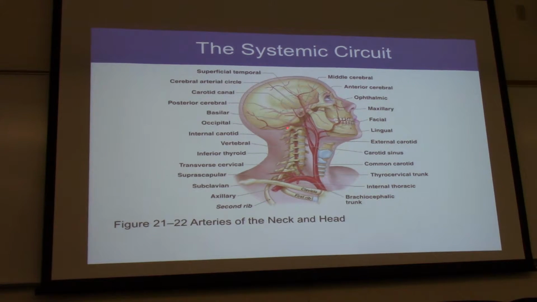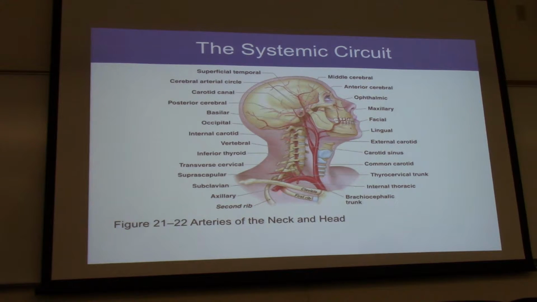It comes up here into the back of the brain, goes up through the foramen magnum, and then the two from either side join together to form the basilar artery, and then that comes up here to join the circle of Willis. So remember, the circle of Willis gets basically two carotids, a big carotid from either side, and two vertebrals from the back. So you have four major blood vessels that supply the blood to your brain.